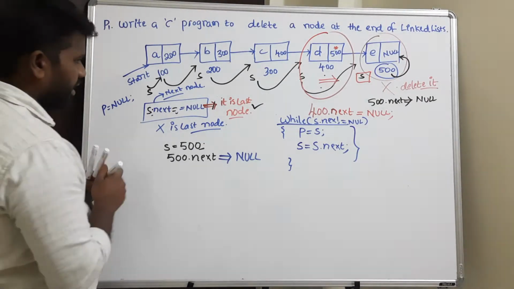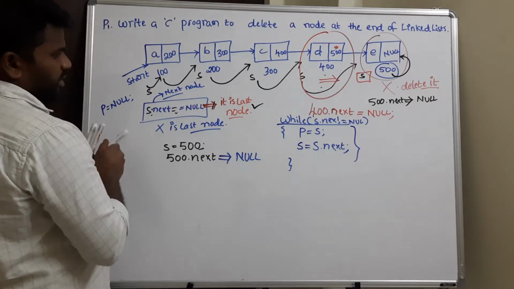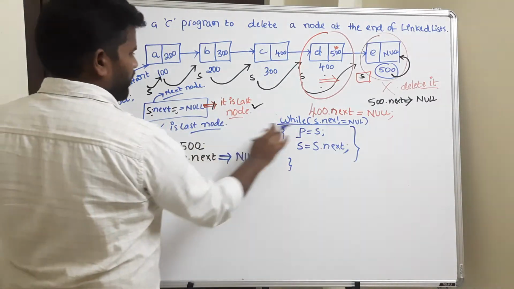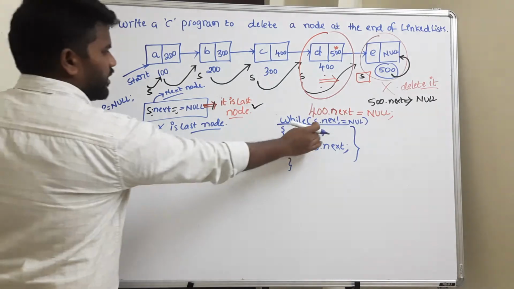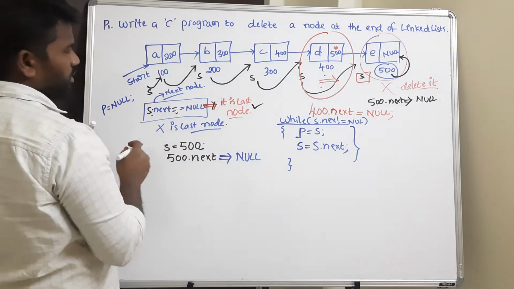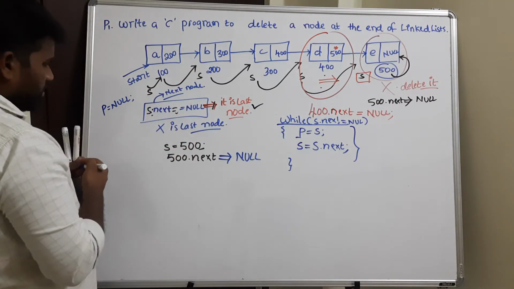Once I find the last node, then I will do the remaining things, right? So first my p address is null. S is pointing to something else, so I will move forward.